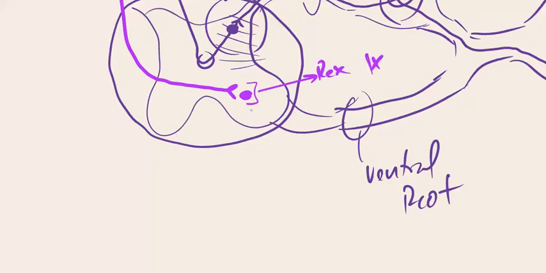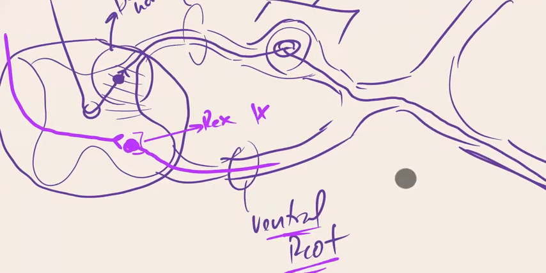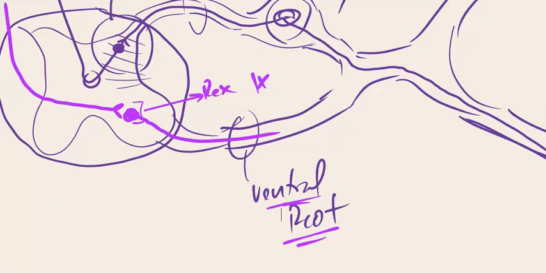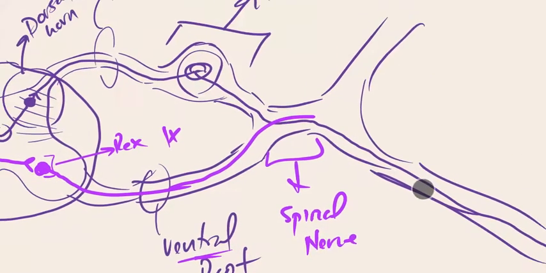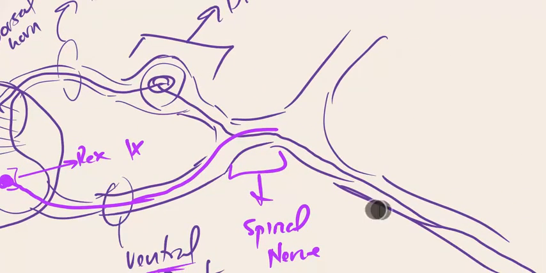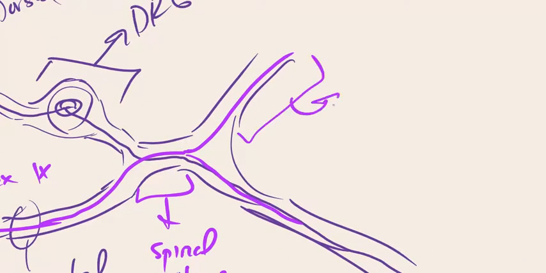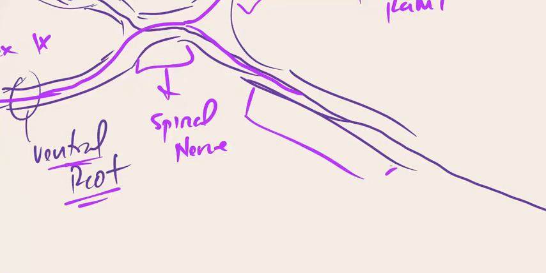Now this neuron sends off its axon through the ventral root, then through the spinal nerve. This region here is called the spinal nerve. Now it could either go like this or like this. This here is your dorsal primary rami, and this is your ventral primary rami.